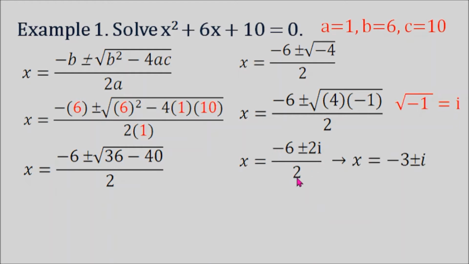Negative 6 divided by 2 is negative 3 plus and minus 2i divided by 2 is i. So we have two roots here. The first one is using the plus sign and the second one is using the minus sign. So it's negative 3 plus i and negative 3 minus i.